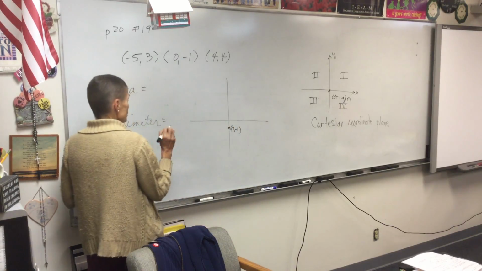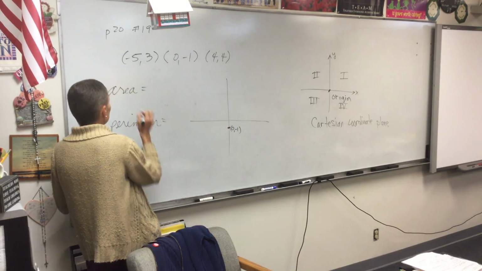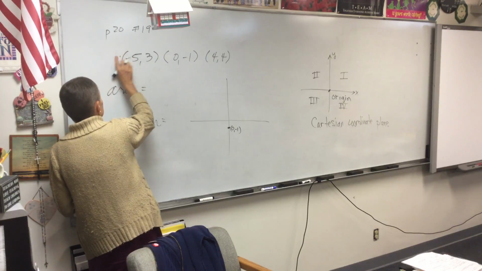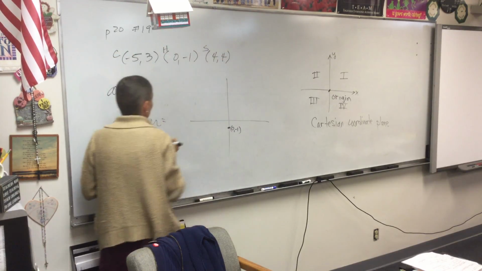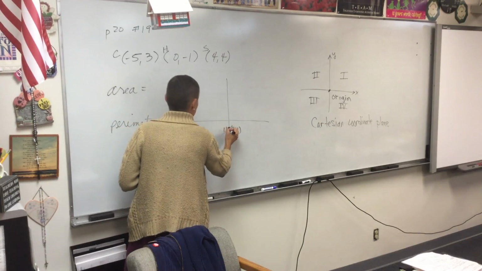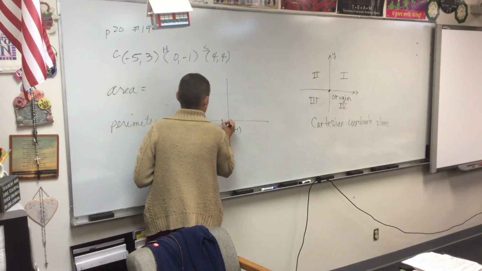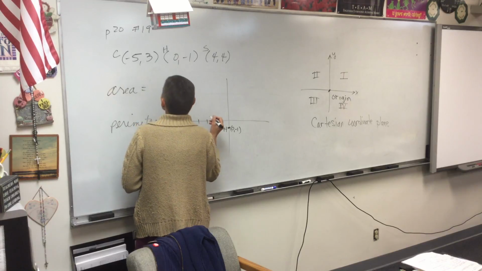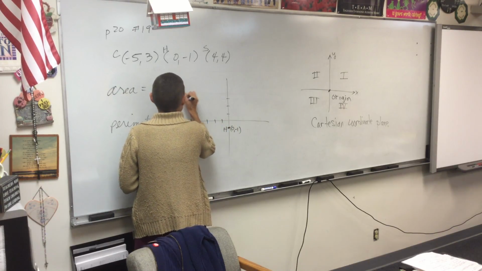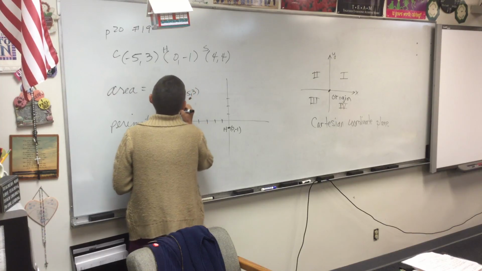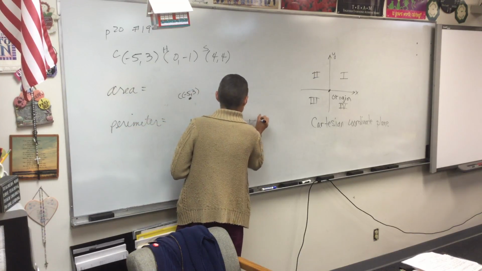Just to keep it more organized, I'm going to go ahead and label these points. So I'll call them CHS, and I'll label them. So here's point H, and C is, my drawings are never that great, but it doesn't really matter. I'm just trying to get a feeling for what it looks like.